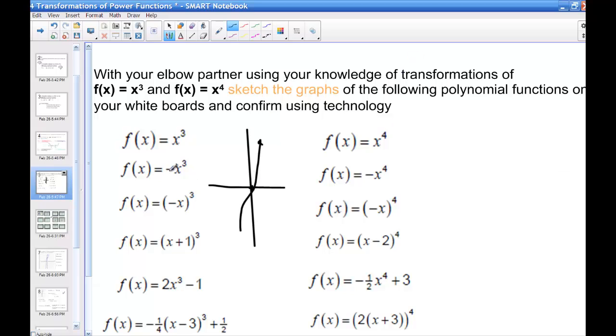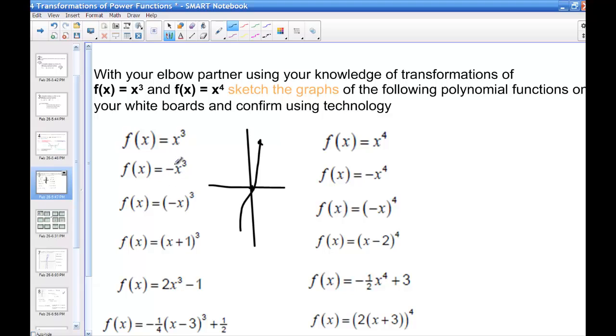Okay, because we have a negative here, this negative represents the a value, which is responsible for reflection. We are reflecting over the y-axis. Since we're working with an odd function, our a value becomes our k value, in this case.